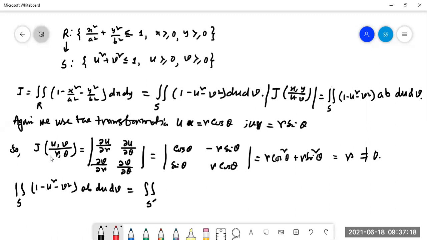Taking the value of u as r cos theta and v as r sin theta, it is 1 minus r square cos square theta minus r square sin square theta, into ab, which was there, into the Jacobian of this. The Jacobian of this is equal to r, then it is dr d theta. So ab is the constant.